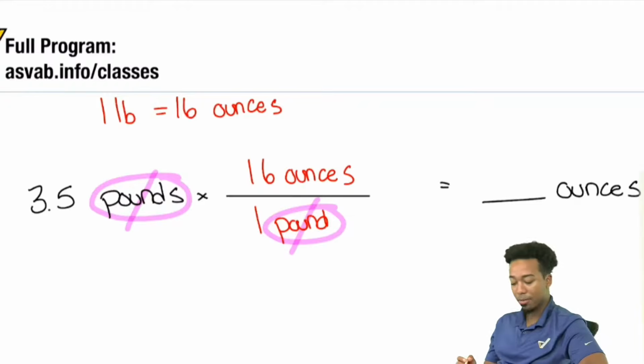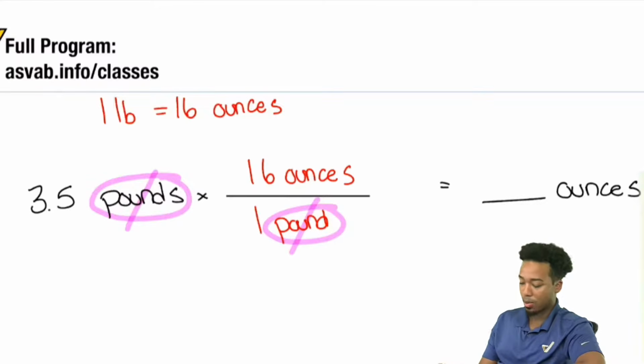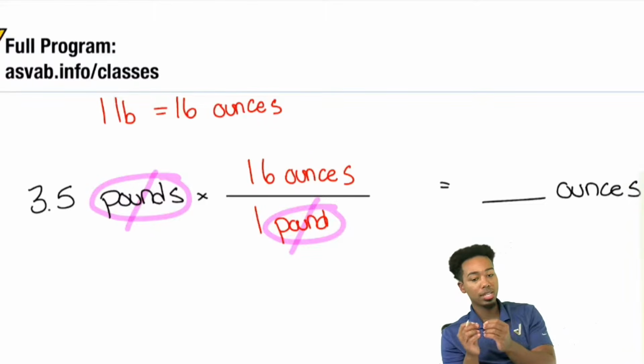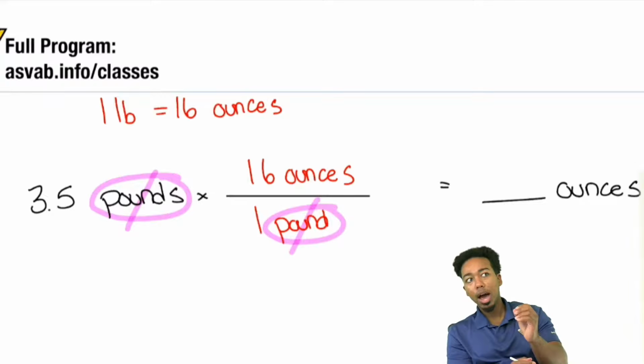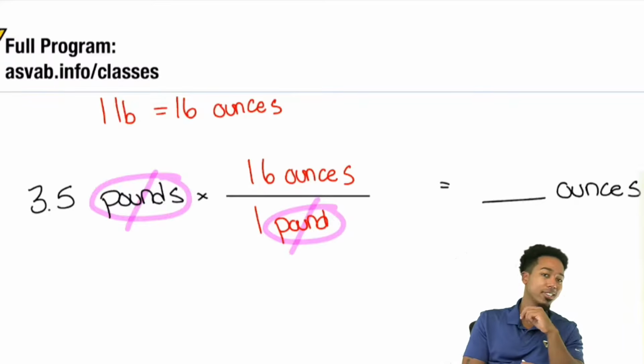And if you're looking at it from the perspective of bigger, smaller, we're trying to end up at ounces from pounds. We're going from a bigger to a smaller unit. What operation is that when you're going to a smaller unit? Multiplication or division?